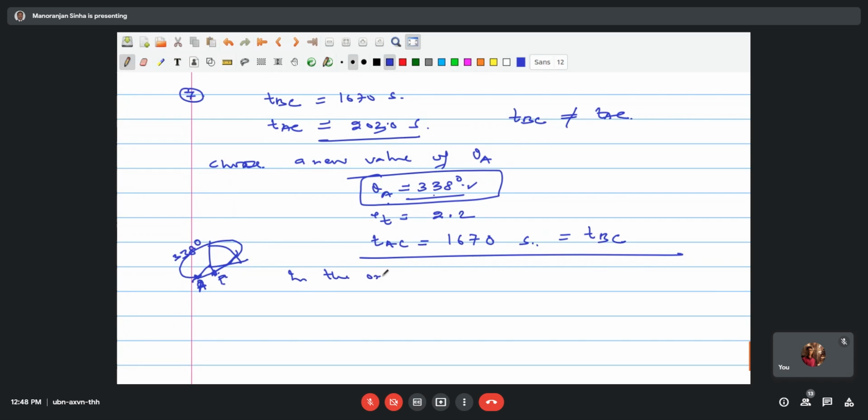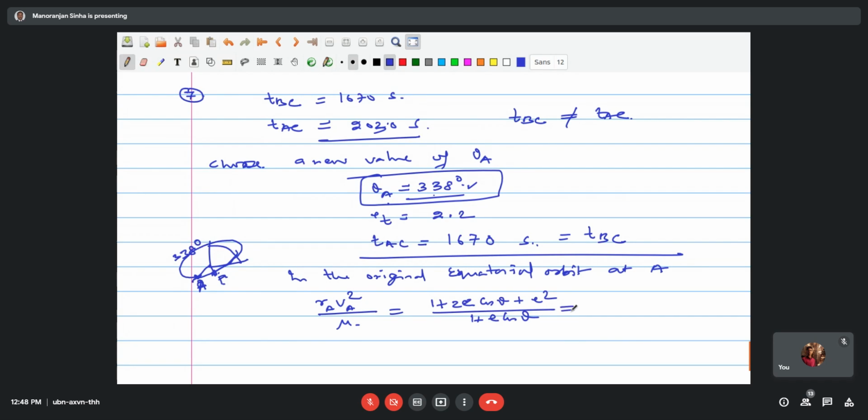In the original equatorial orbit at A, RA VA square divided by mu will be equal to 1 plus 2e cos theta plus e square divided by 1 plus e cos theta.